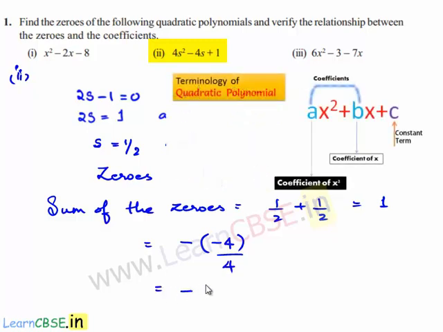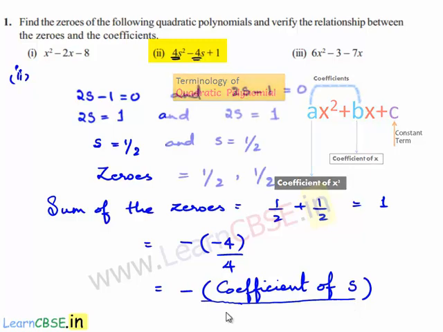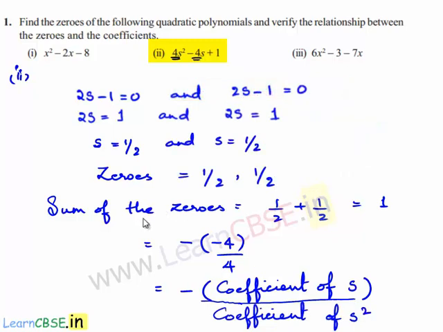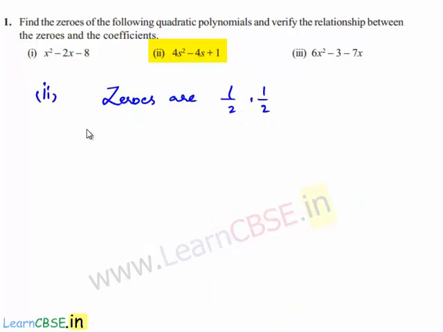Here minus 4 is nothing but the coefficient of s, and 4 is the coefficient of s square. Therefore we can say that the sum of the zeros is equal to minus of coefficient of s divided by coefficient of s square.